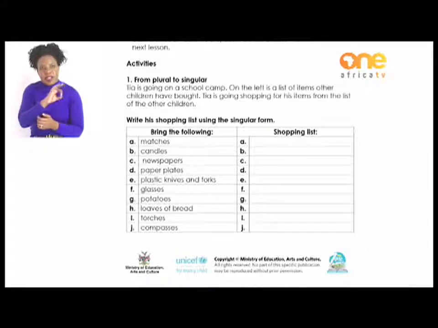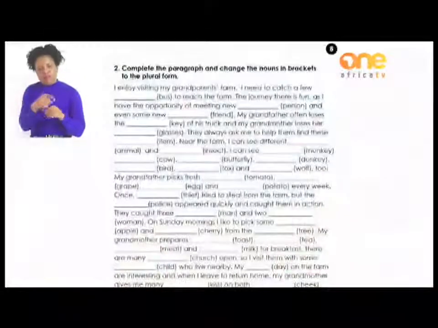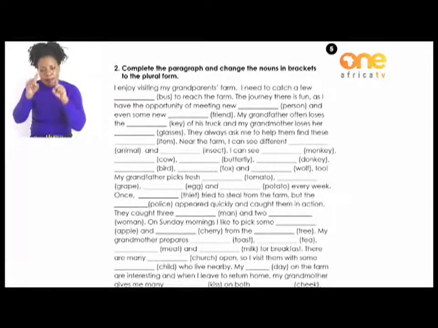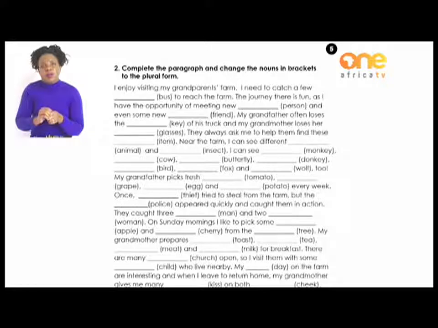We now turn to page 5, and we start with activity 2. Complete the paragraph and change the nouns in brackets to the plural form. I enjoy visiting my grandparents' farm. I need to catch a few buses. The singular noun there is bus, to reach the farm.